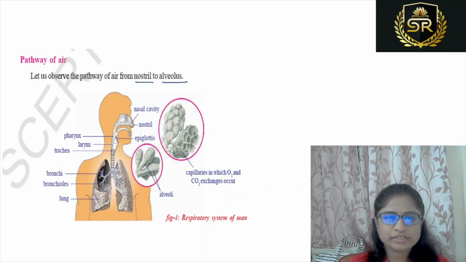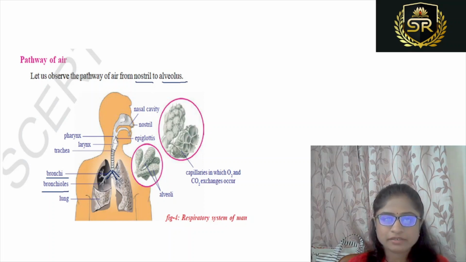The trachea extends as two branches to the two different lungs, called bronchi. Each bronchus spreads again into branches called bronchioles, and this whole structure is the lung.